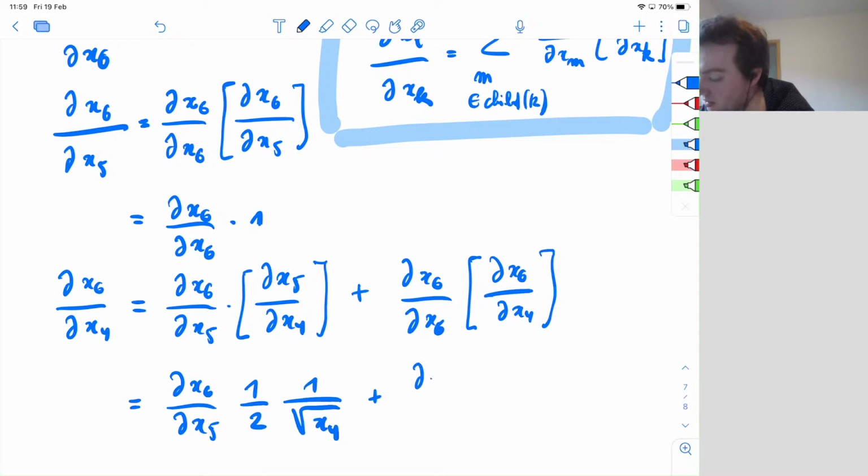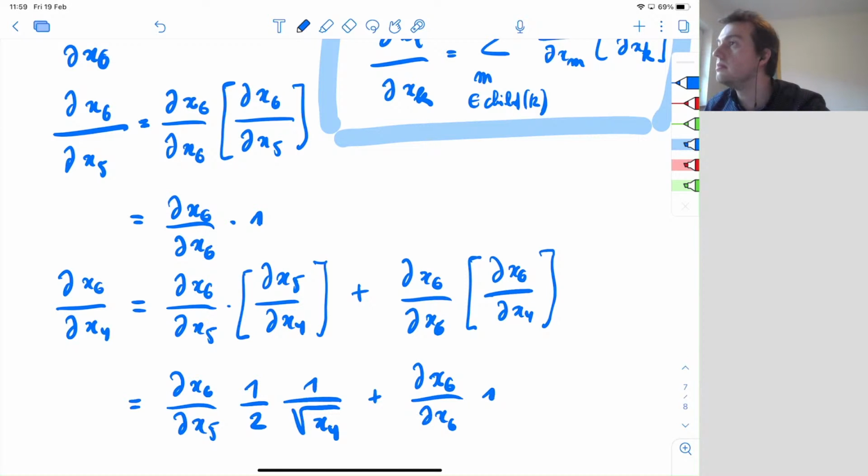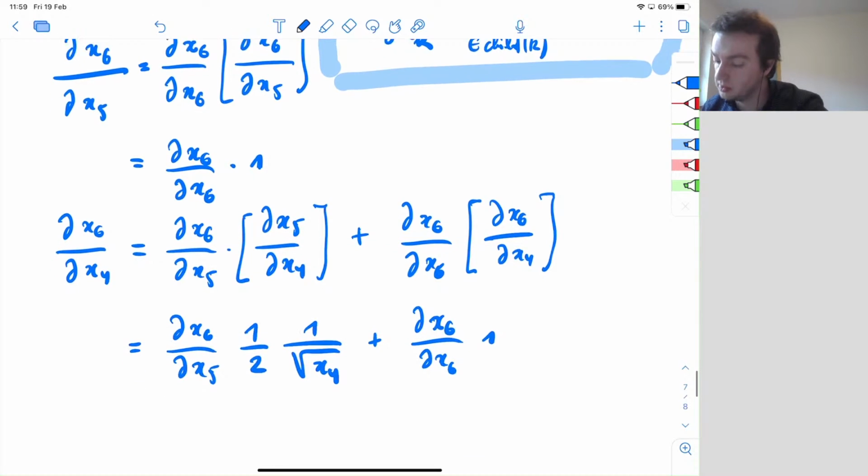So that's the thing we know from initialization. And x6 with respect to x4. So x6 is the sum of x4 and x5, so the derivative is 1. Okay.